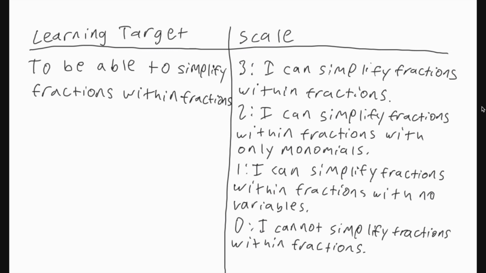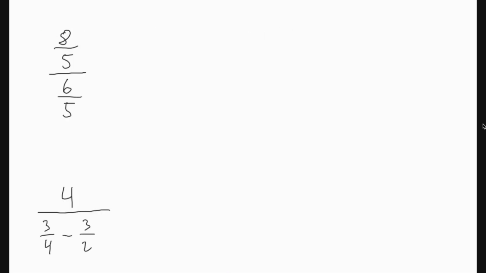Let's get started. So for all of these, we're going to try to simplify these fractions within fractions. On this first one, you can see we have 8/5 over 6/5. Remember, fractions are just dividing, and so what we're doing is dividing a fraction by a fraction.